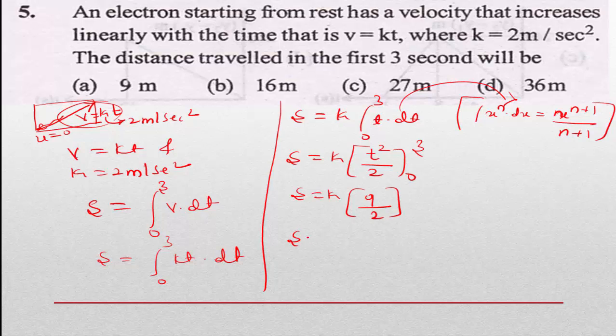Or you can write s is equal to 1 by 2 into k into 9. Easily you get the answer s equal to 1 by 2 into k, where k is given as 2 meter per second square, so 2 into 9 is 18, into 1 by 2 is 9. s equal to 9 meter.